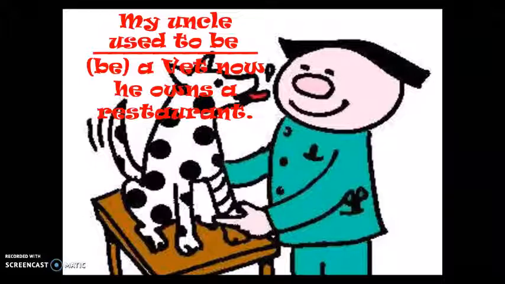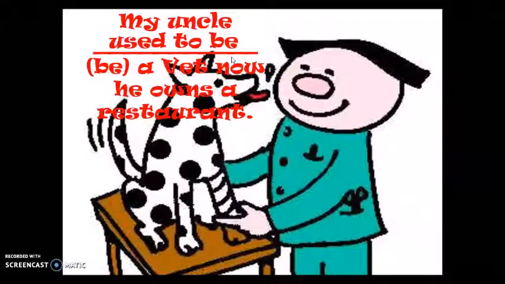Okay, used to be. My uncle used to be a vet, but now he owns a restaurant. Remember the sentences in the present and in the past with the situations at the beginning. I have here the past habit, and now this is the present.